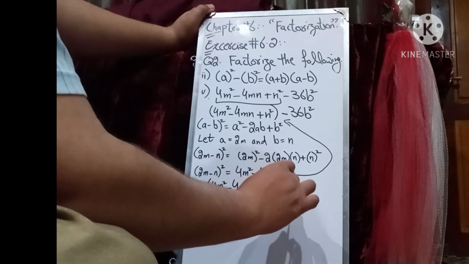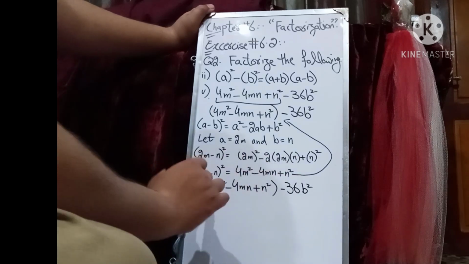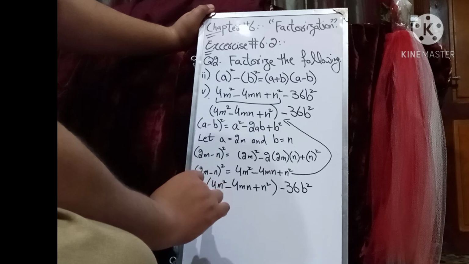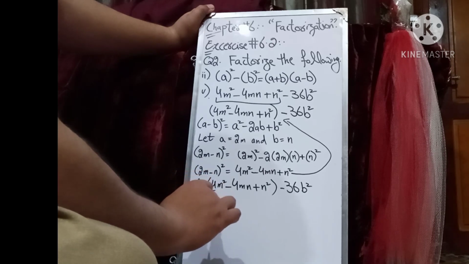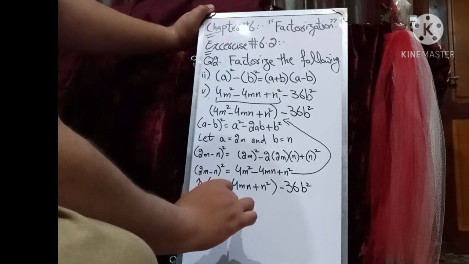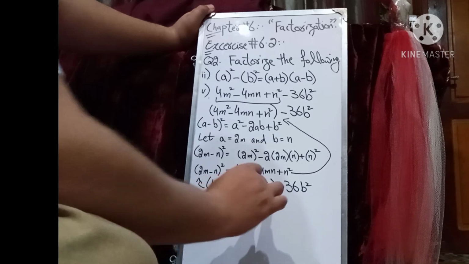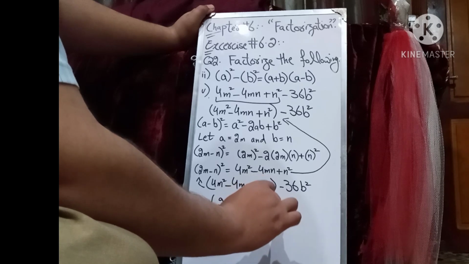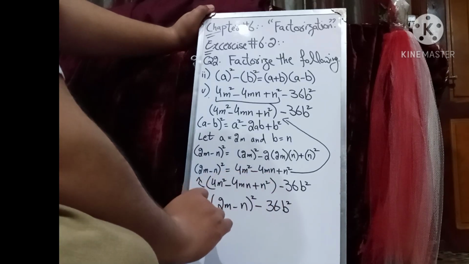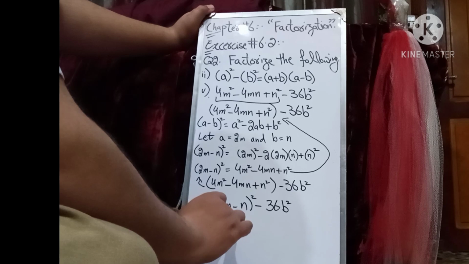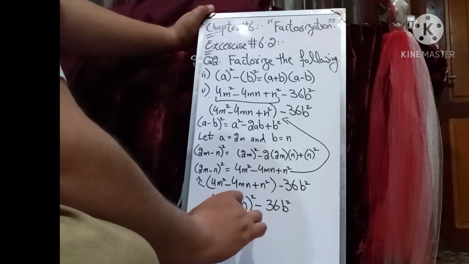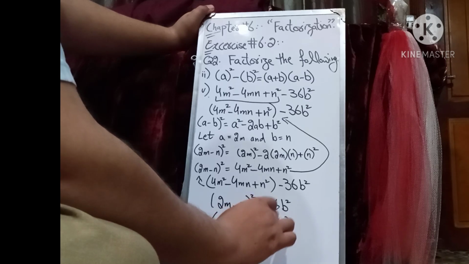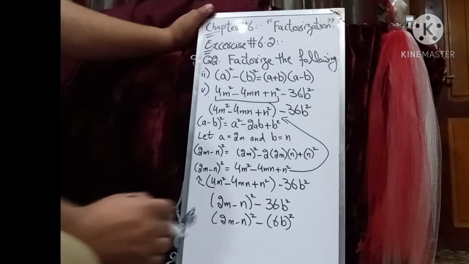So this is given, 4m square minus 4mn plus n square minus 36b square. But we know that 4m square minus 4mn plus n square is actually equal to 2m minus n whole square. So we write it over here, minus 36b square, and 36 is the perfect square of 6, you know that. So you write 6b whole square instead of 36b square.